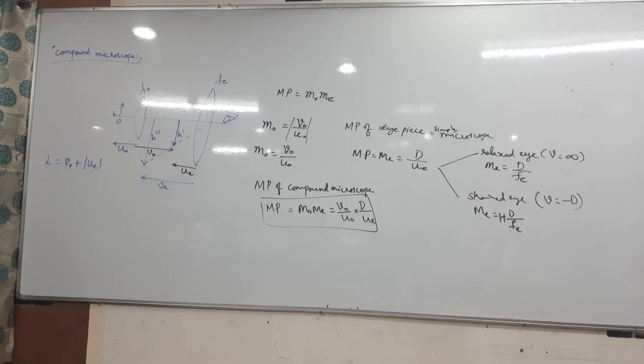A 20D lens, nothing but 20 diopter power, is used as a magnifier.